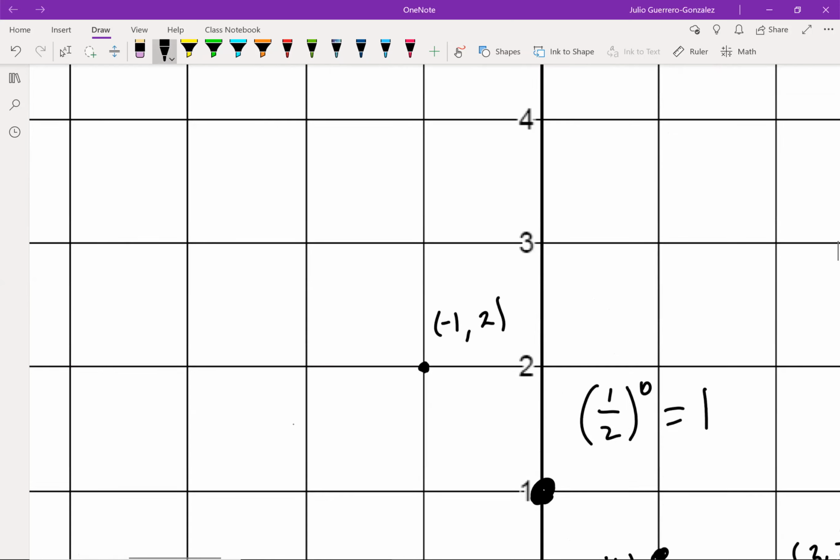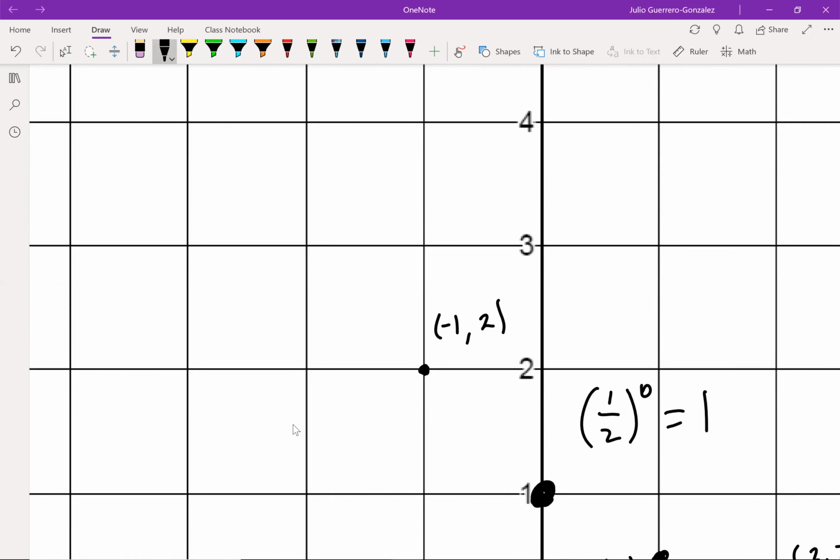The math behind that one is 1/2 to the -1, using the same rules that we were using before. This is going to be 1 over 1/2, so 1 divided by 1/2, and that is 2. Hence the reason why your y value here is that right there.